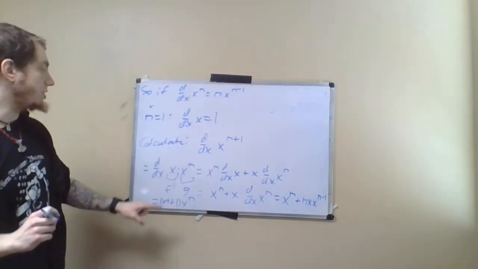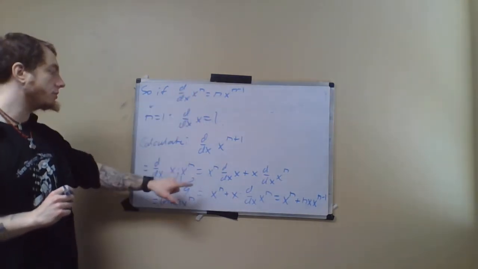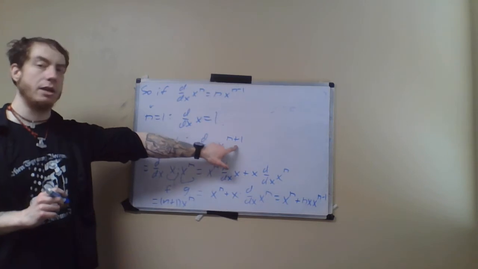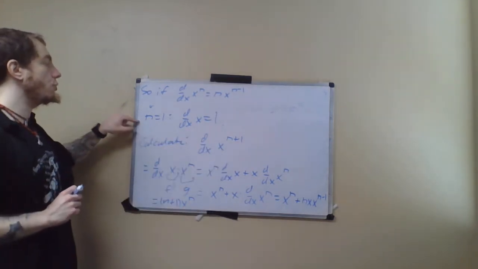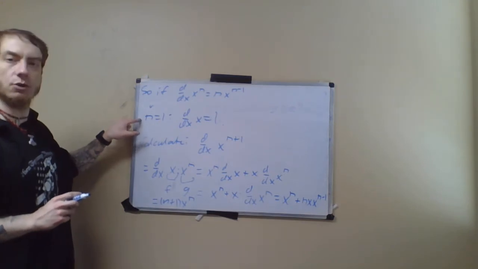So what we've established is that if this formula is true at the level of n, it is also true at the level of n plus 1. And it is true when n is equal to 1. Therefore, it must be true when n is equal to 2.